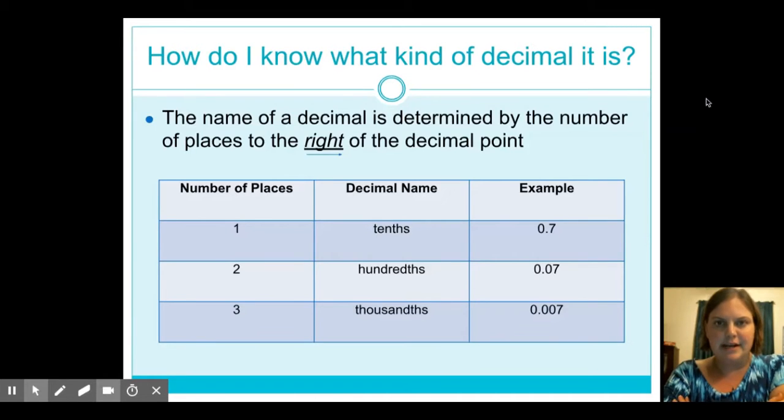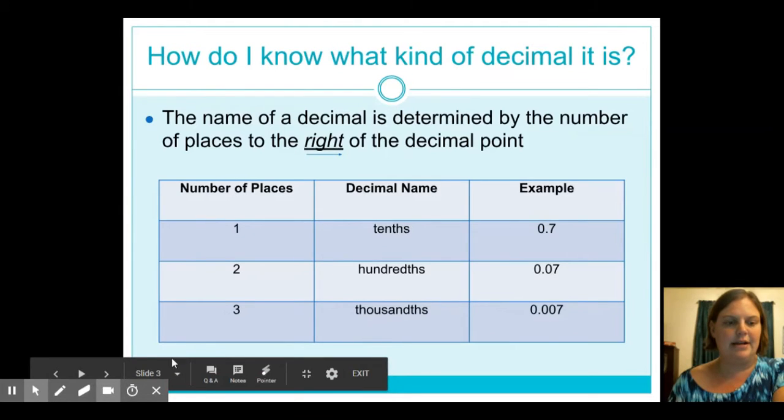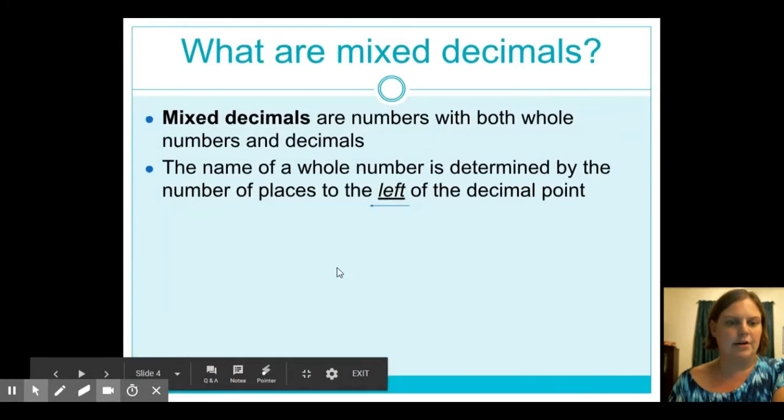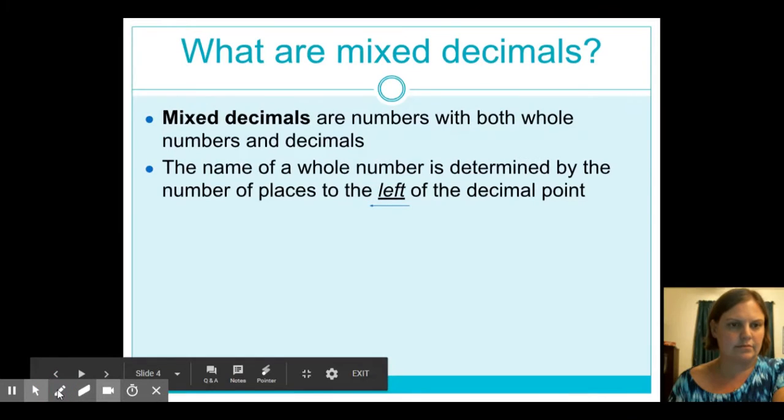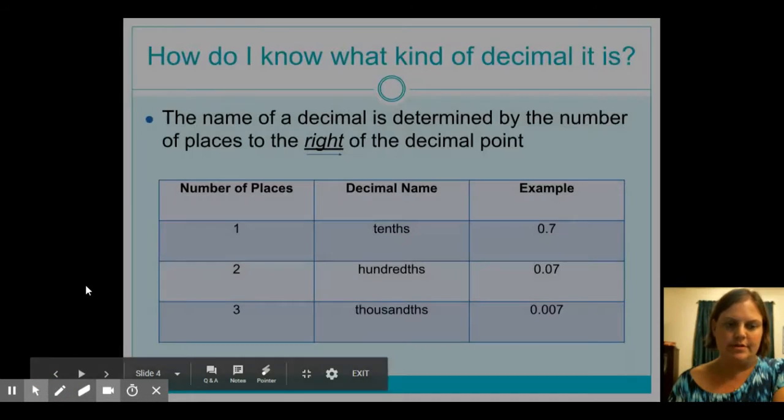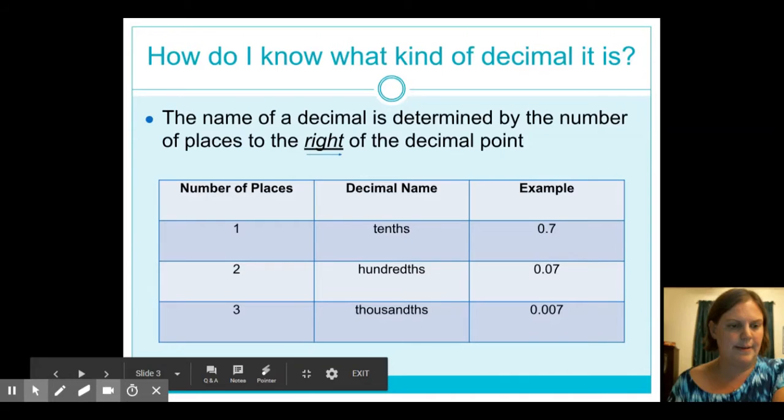So on my note taker, I have this middle section that's blank right here that you can fill in right here on your note taker. It is doing something wonky, I apologize. But you can fill this in right here.